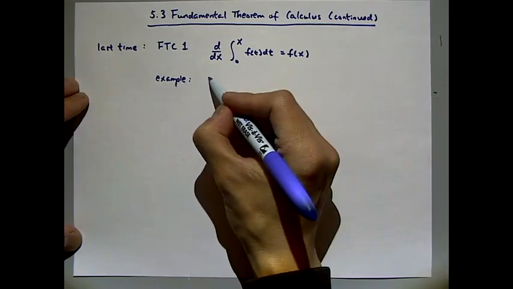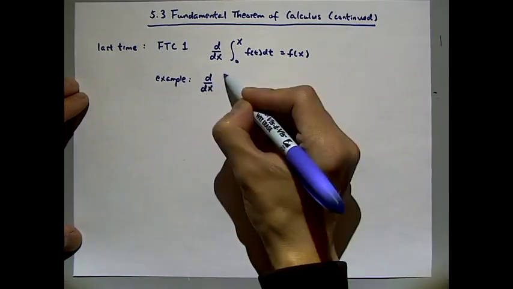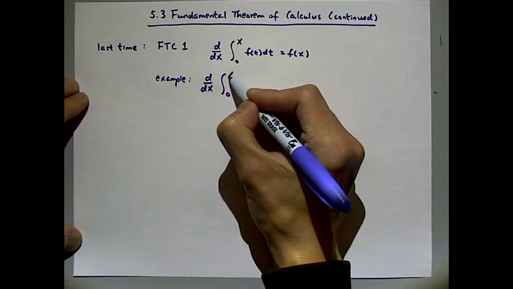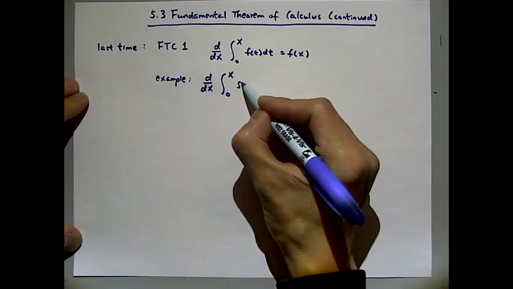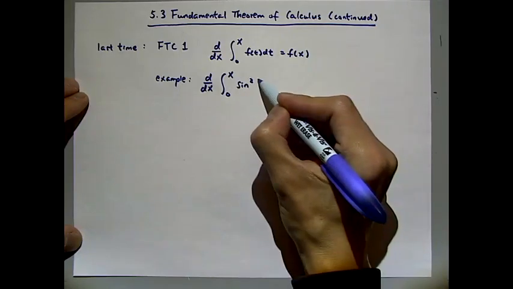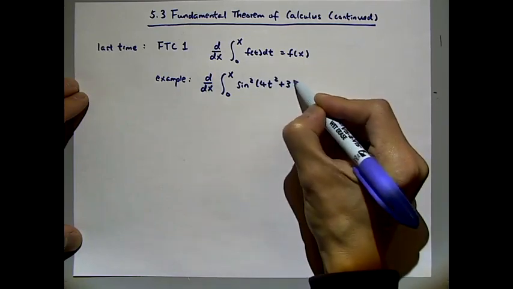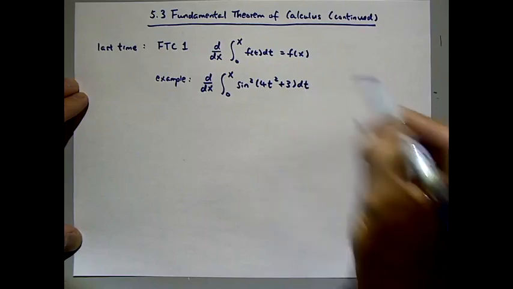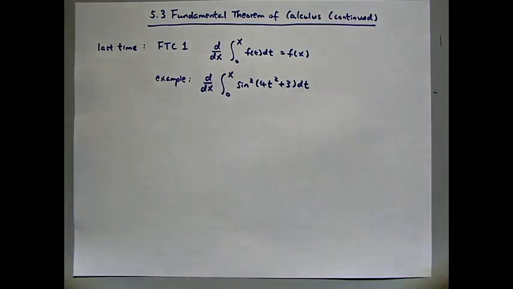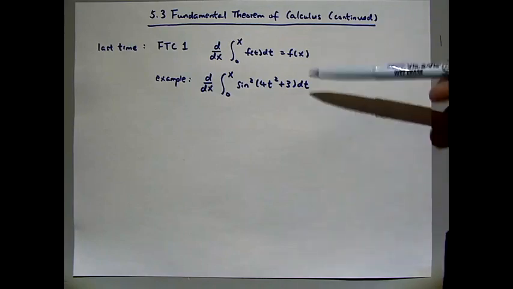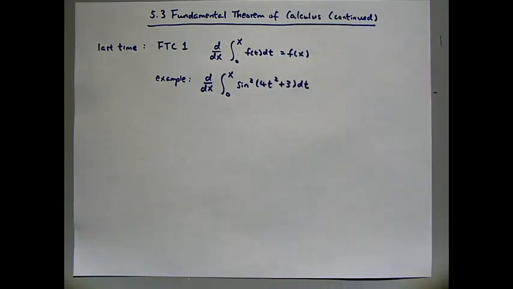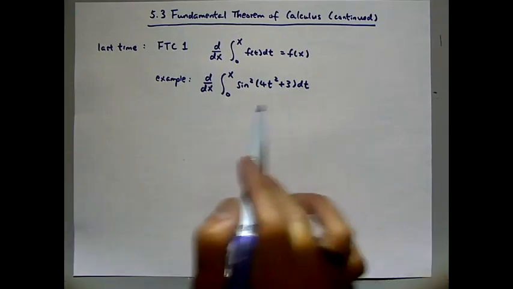Quick example. The derivative of the integration from t equal to 0 to t is equal to x of the function sine squared of 4t squared plus 3, it really doesn't matter how complicated that function is.